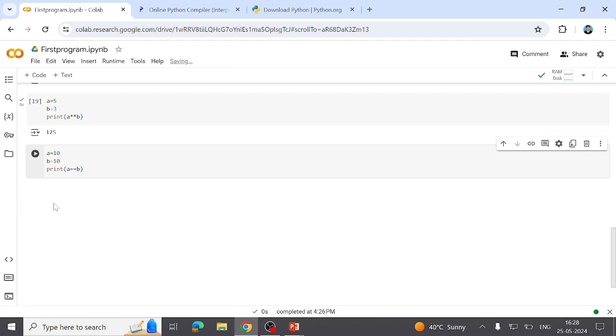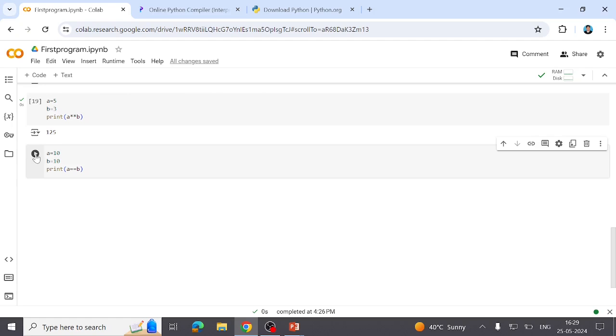Here, as I mentioned, a and b are the operands, left hand operand and right hand operand. And equal to is a symbol which performs the comparison, which checks the equality between a and b.